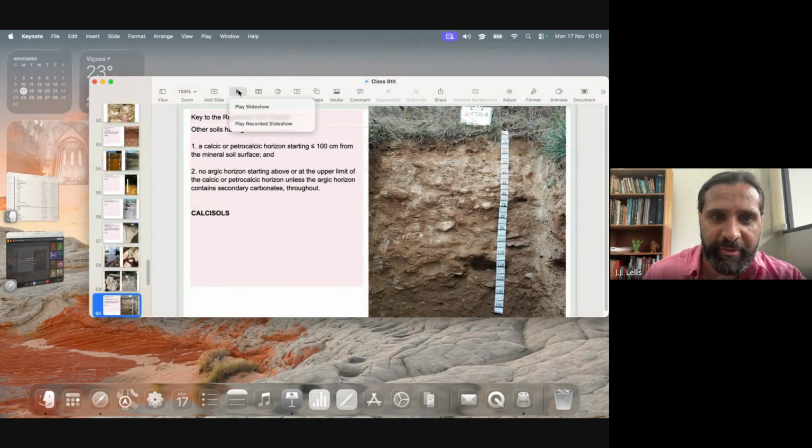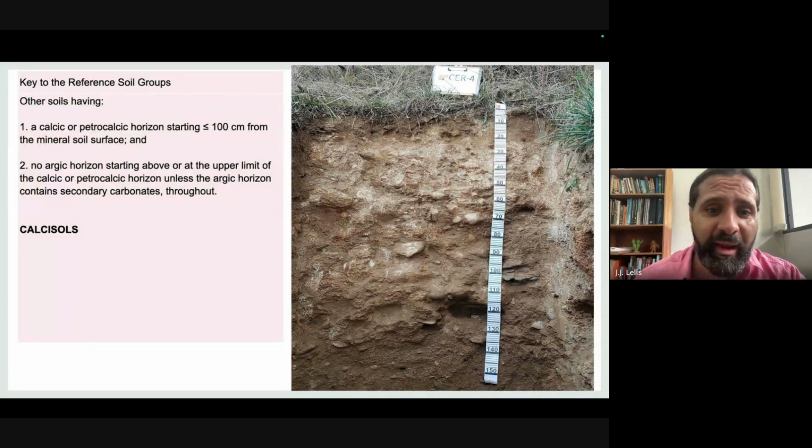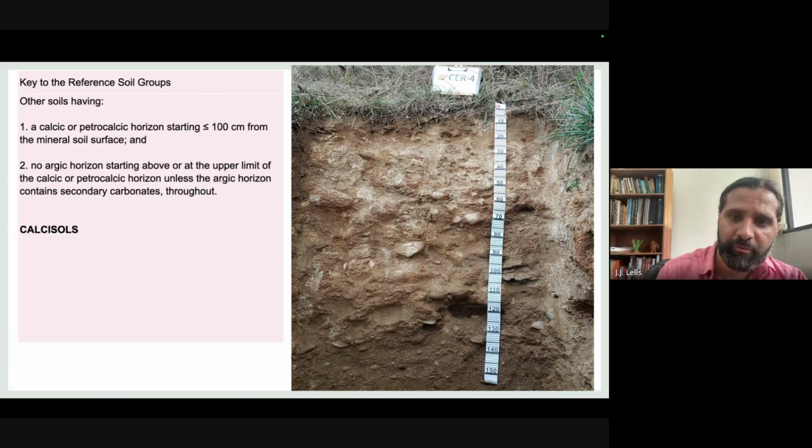So let's return. So again, guys, before I move on, it's quite important that the difference between calcic soils and the previous ones is quite clear. First of all, the difference between calcic soils and gypsic soils. For the gypsic soils, maybe we register calcic or petrocalcic horizons, but we register the gypsic or petrogypsic horizons.